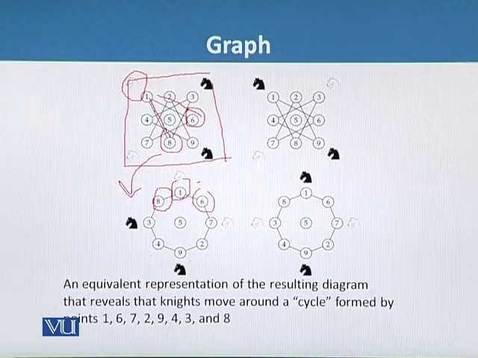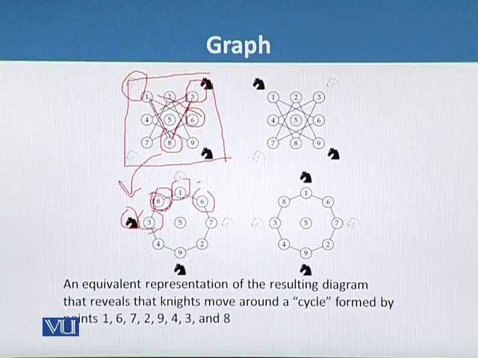So we write it next to the 1. Similarly, the horse at position number 3 can move to position number 4, or it can move to position number 8. So the black horse at position number 3 can move either to position number 8 or to position number 4. So 3 is written in between position numbers 8 and 4, and so on.